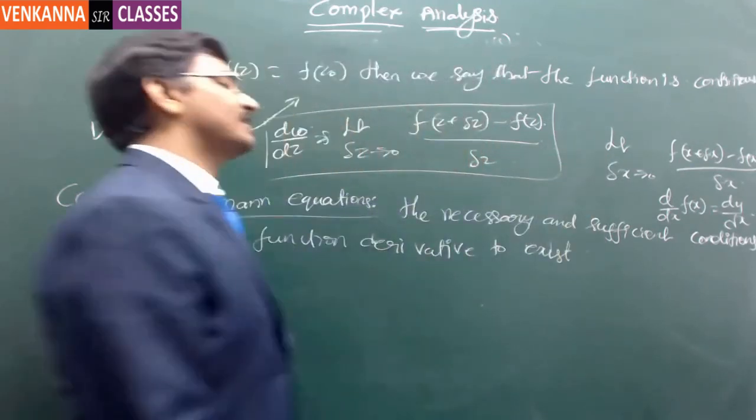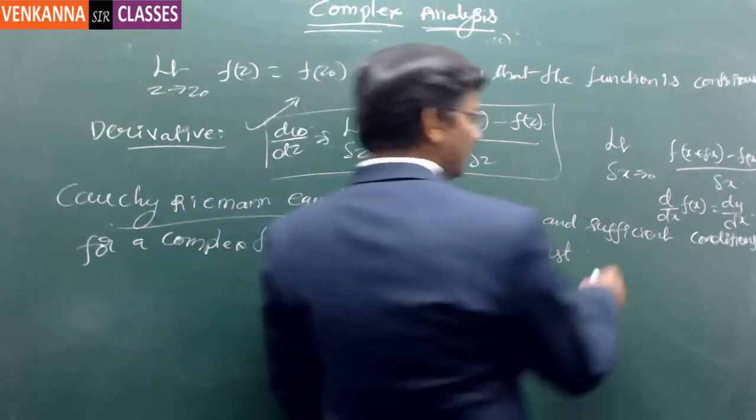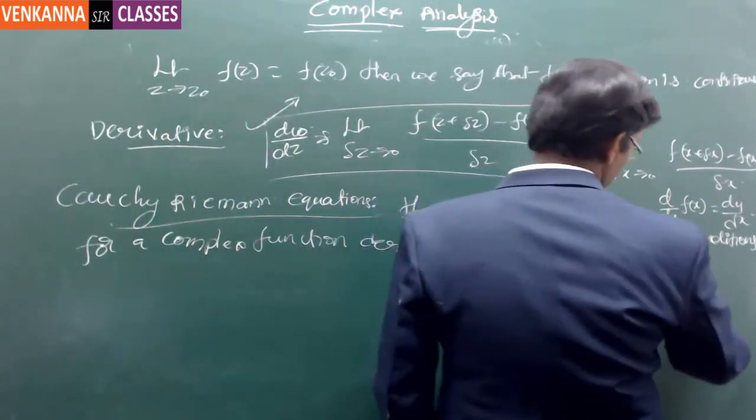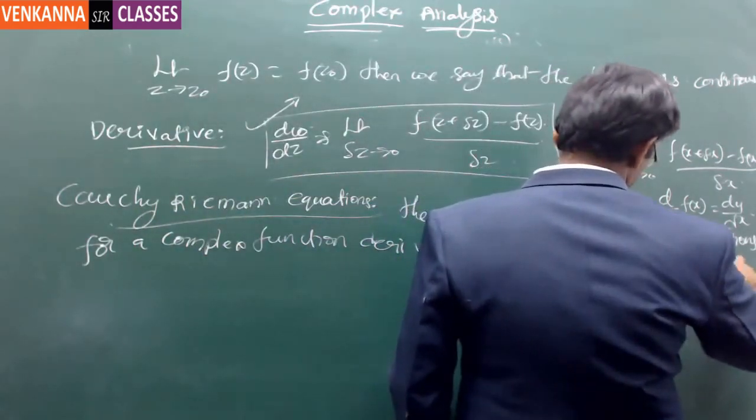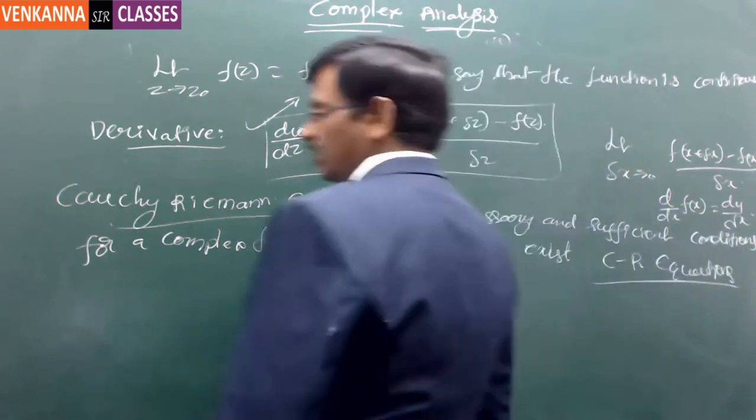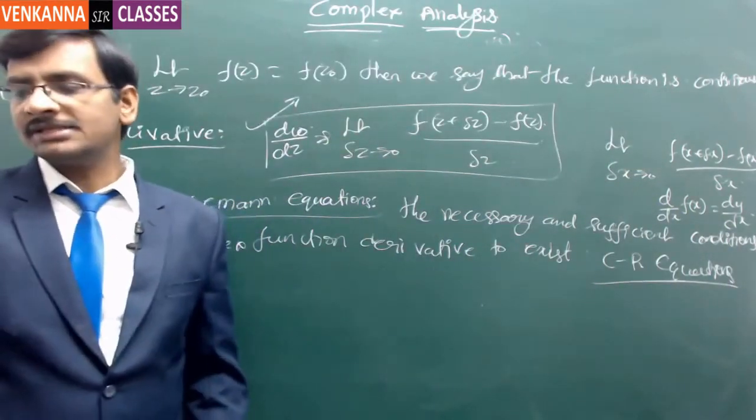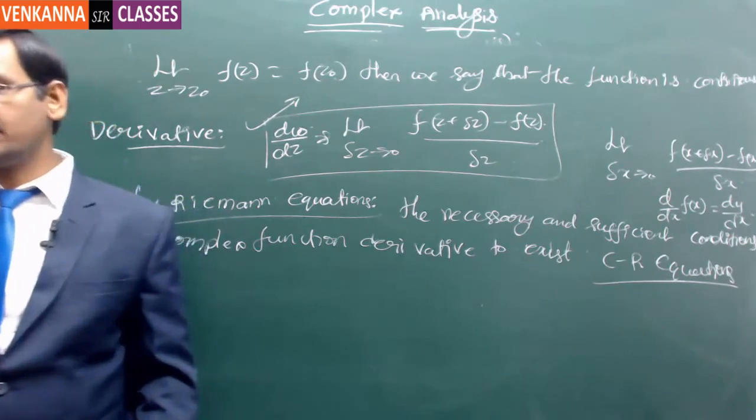So these are the necessary and sufficient conditions. In short, we call them CR equations. These are the CR equations. Now, these necessary and sufficient conditions we have to identify and prove.